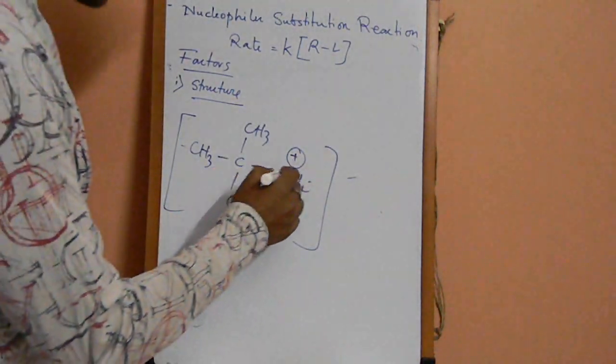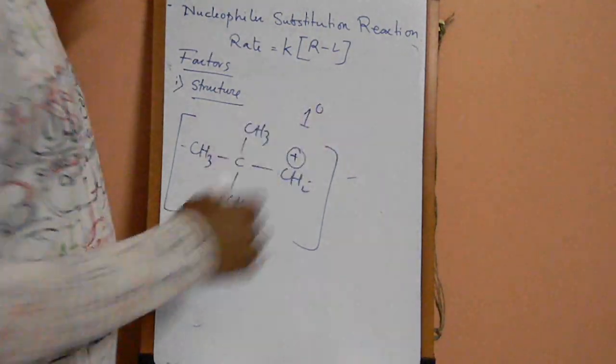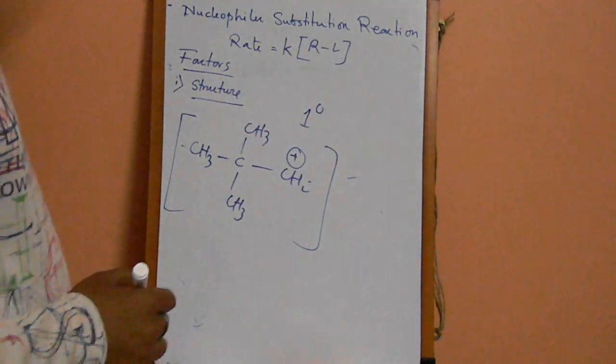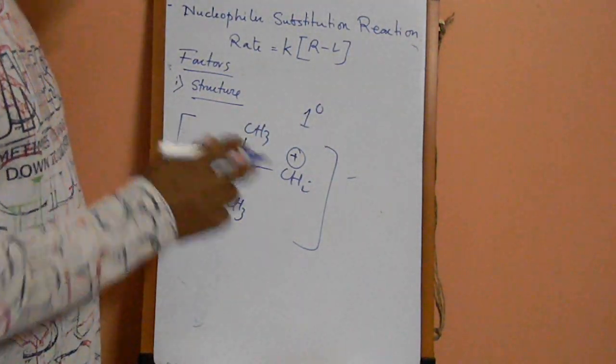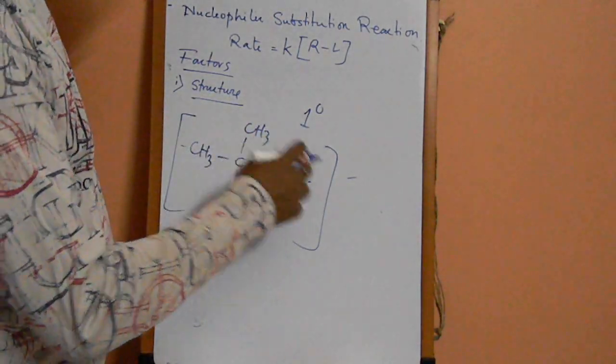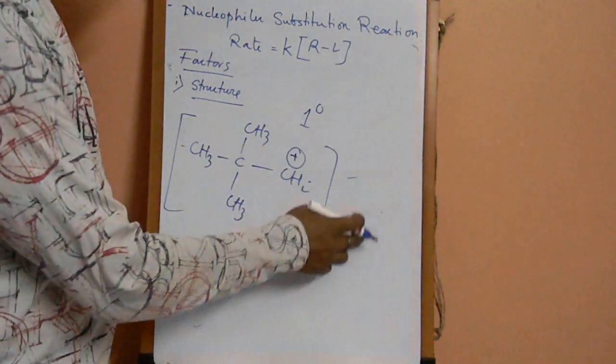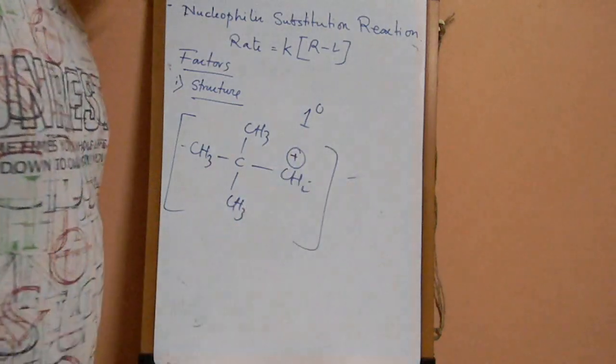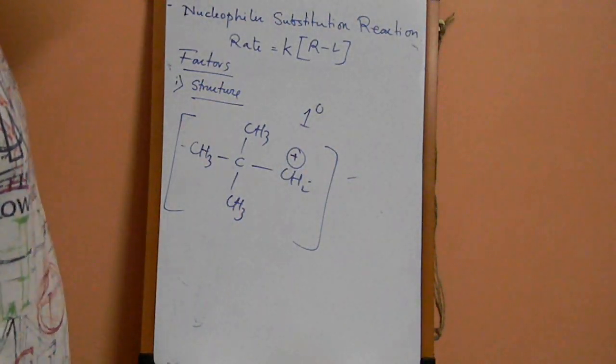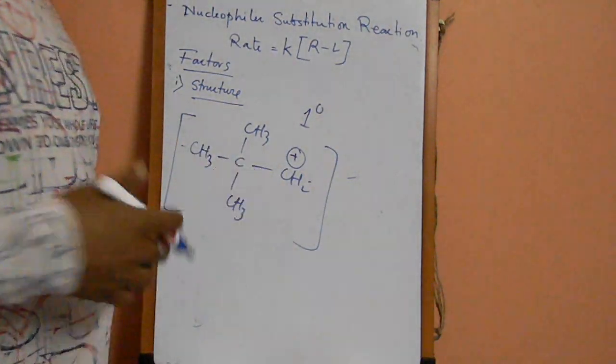Now this is a 1 degree carbocation. So what happens here? Ideally you should get the product from here. A nucleophile can add here and you will get the nucleophilic substitution. But that is a very, very minor product.